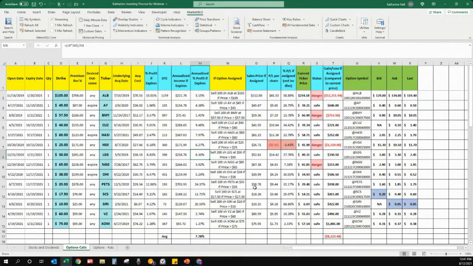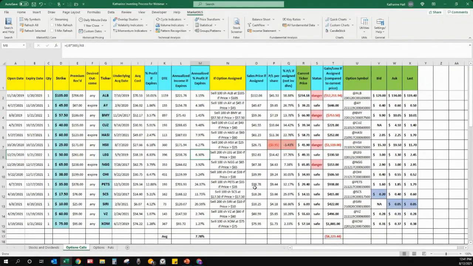But then sometimes, like this morning with my Lilly stock, I have some cash now from that, and I probably will use that cash to sell a put. It won't be on Lilly though, because Lilly is overpriced right now, and I don't like to sell puts on overpriced stocks. So I'll have to find something else that meets my put criteria, which we'll talk about on the next spreadsheet.